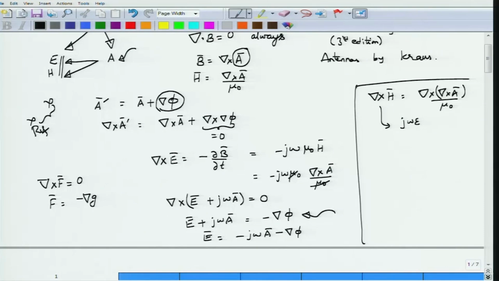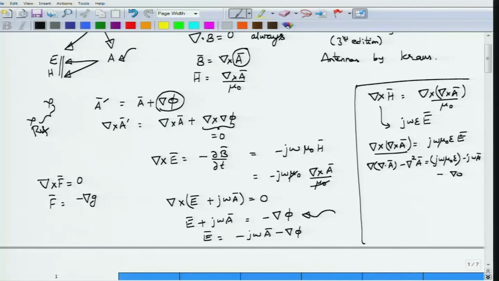I can write this as j omega epsilon E. So, I have del cross A is equal to j omega mu 0 epsilon E, and I can substitute for E. E is nothing but minus j omega A minus gradient of phi, but I can also write down this del cross A itself as del of del dot A by expanding it minus del square A. This would be equal to j omega mu 0 epsilon times minus j omega A minus gradient of phi.